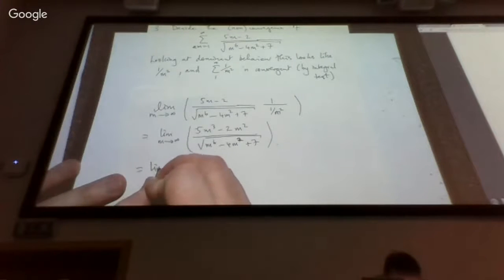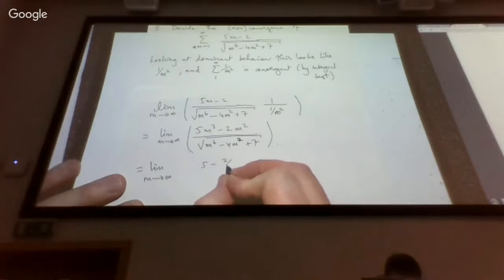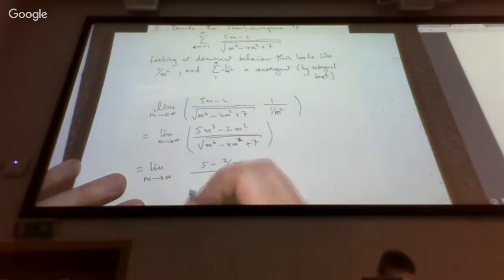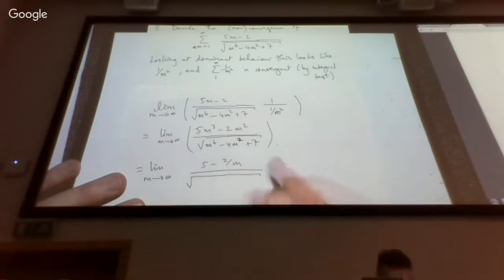So when you divide above and below by m cubed, you get 5 minus 2 over m on the top. Dividing the bottom by m cubed, well, in order to bring the m cubed in underneath the square root, you have to square it, and it becomes m^6.